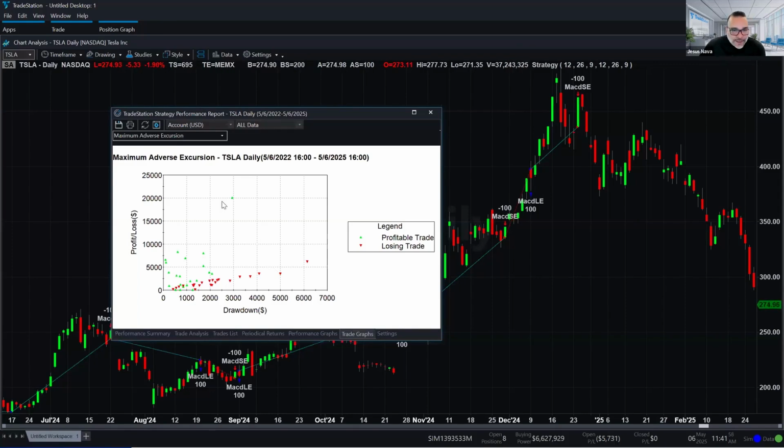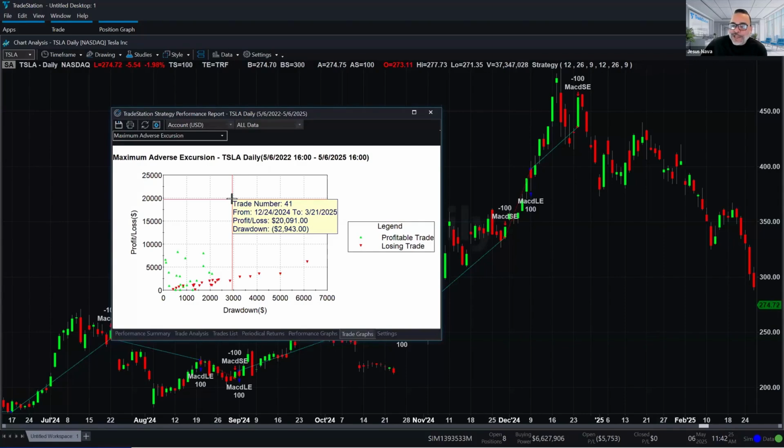For example, this winning trade right here, this is the largest winning trade. This is trade number 41 that was flagged as an outlier. But if we were to set a stop that is too short, like a 2,500 or 2,000, it would have stopped that trade immediately. Why? Because it had a drawdown of $2,900.